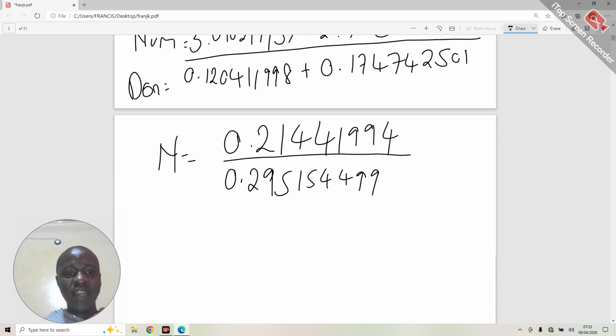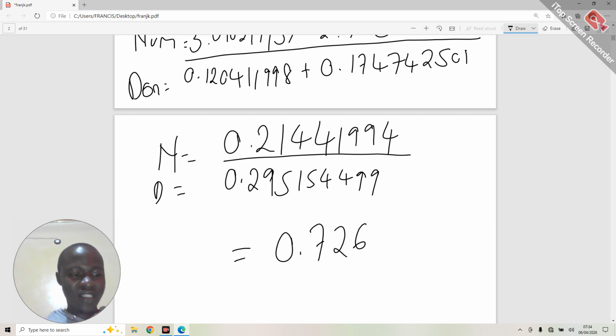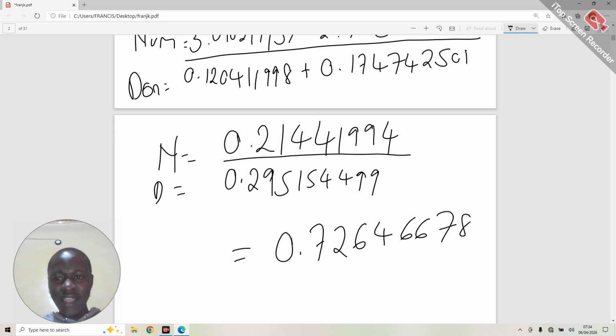Then we divide. So take 0.2144199 divided by the answer, we shall get 0.726466785.